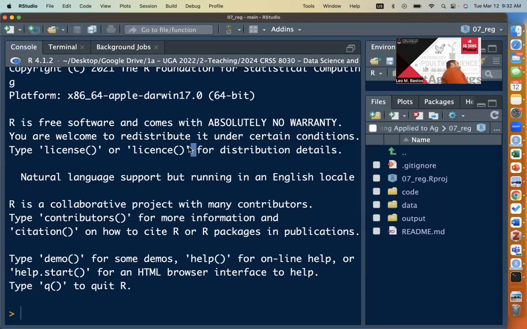Okay, so we finished last time with our repeated measures exercise on the experimental data. Up until now, we've only seen analysis of variance, where our response variable, the y in our formula, was always numerical, and our explanatory variables, the x in our formula, were all categorical or factors.